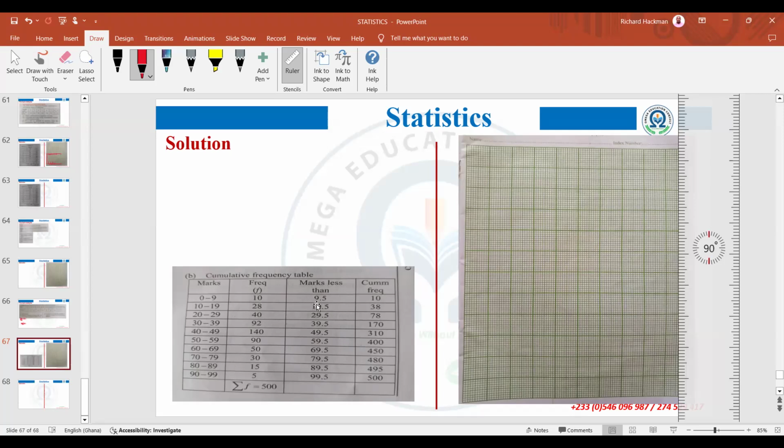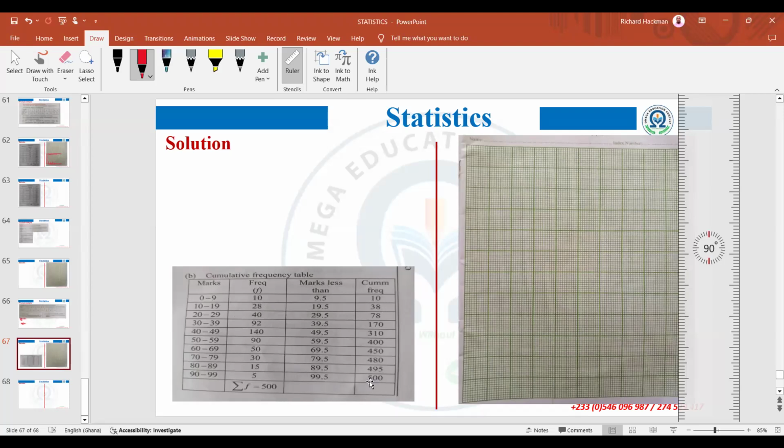So if you take this, check this. We are looking at max less than what? 9.5. And we are looking at those who scored max less than 9.5. You can see that it will only be those who scored between 0 and 9. This class will give you the frequency of 10. So always you start with the first frequency and you end with the total frequency.